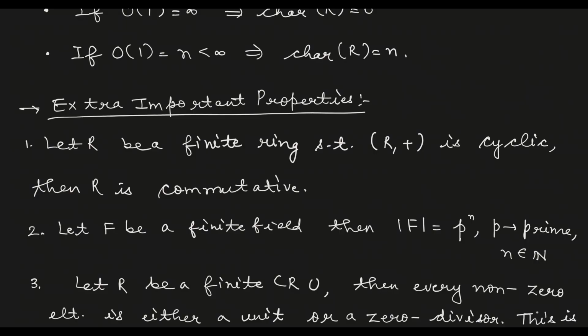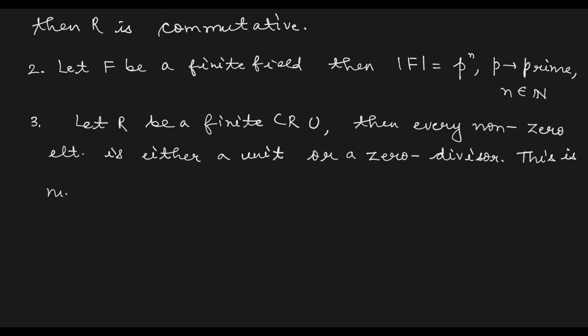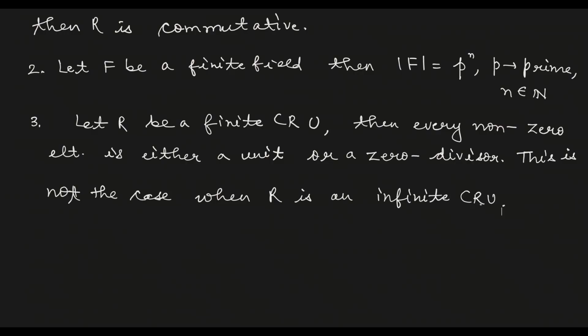This is not the case when R is an infinite commutative ring with unity. So if R is a finite commutative ring with unity, then every non-zero element is either a unit or a zero divisor.